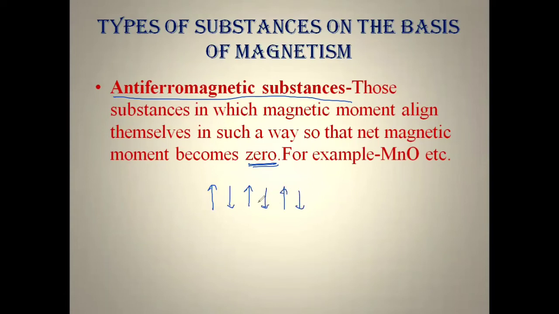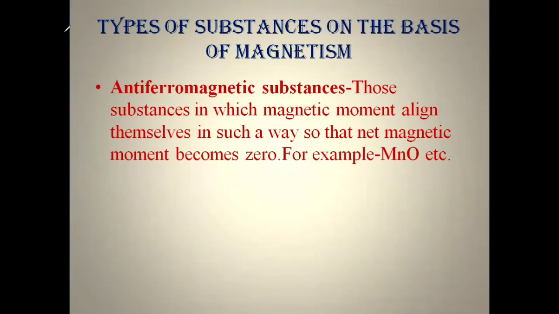So in this case, the magnetic moments will cancel each other and they will show zero net magnetic moment. These are called antiferromagnetic substances. Example is MnO. This is the example of an antiferromagnetic substance. So these are the 5 types of magnetic substances.